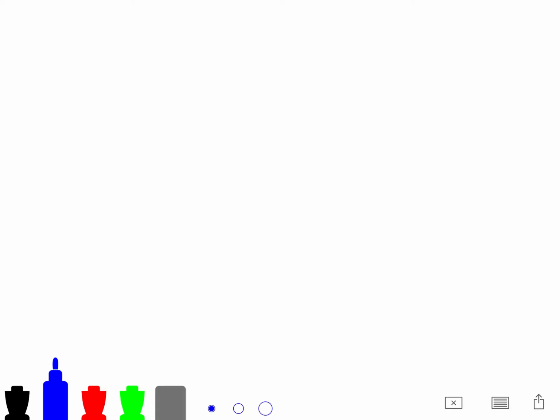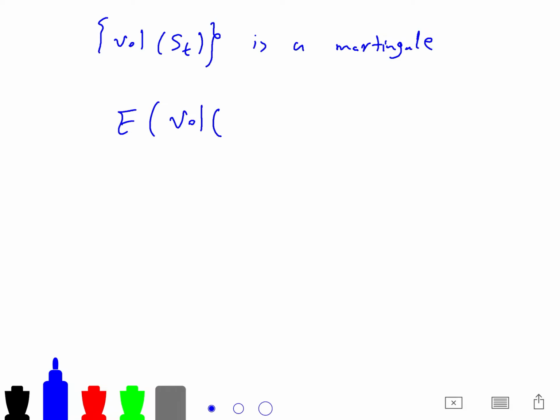For example, proposition: we have a sequence, and the volume of S_t is a martingale. So the expectation of the volume of S_{t+1} conditioned on S_t is the volume of S_t. This is exactly a martingale.